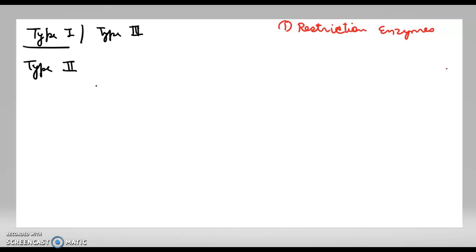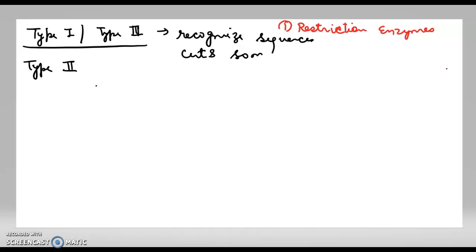Now type 1 and 3 also recognize some sequences, but they produce cuts somewhere else. Somewhere else means they are not specific in nature. They are not specific at all.